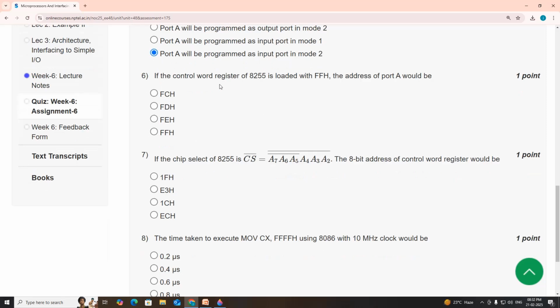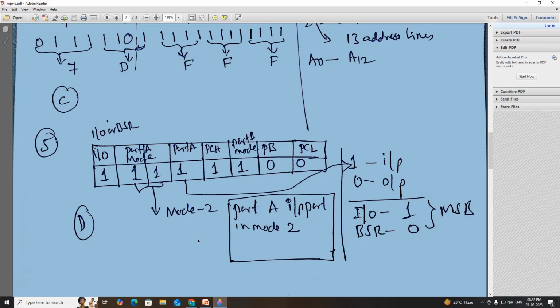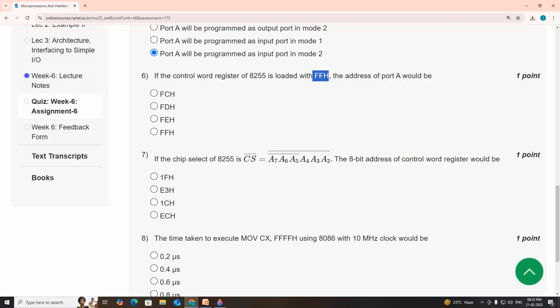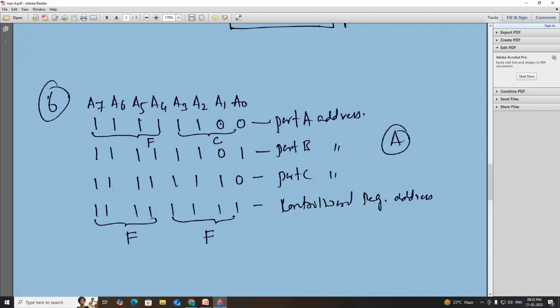Sixth one: if the control word register for 8255 is loaded with FF. Again A0, A1, A2, up to A7. What they have given is FF. Now we will consider only these two parts: A0, A1, 00 means port A, 01 means port B, 10 is port C, 11 is the control word register address.